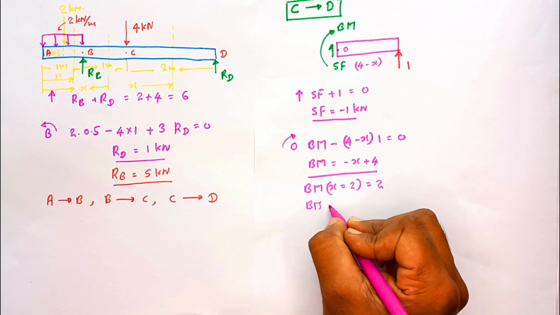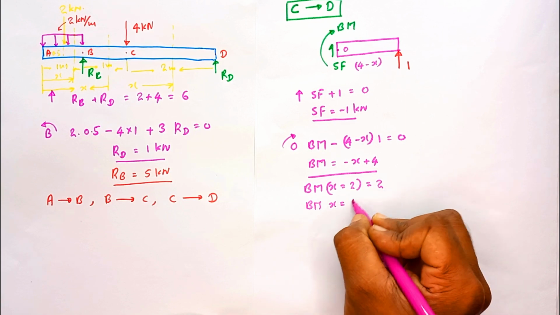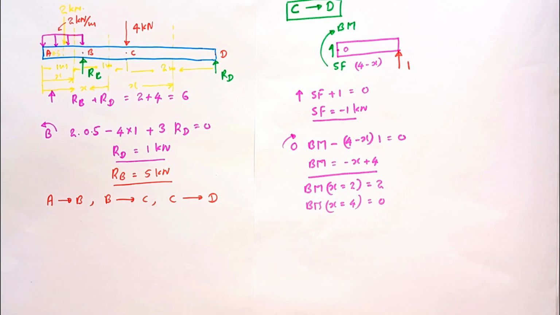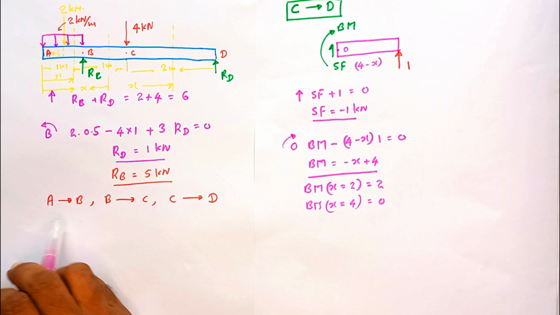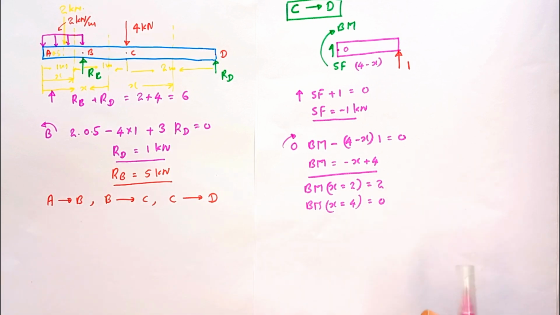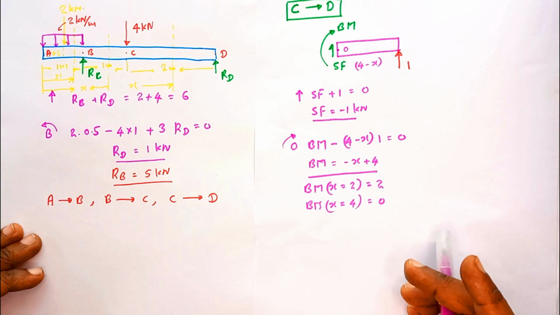The bending moment at x equal to 4, value is equal to 0. Now we have obtained all the set of equations from A to B region, B to C region, and C to D region. Now we are ready to draw the shear force diagram and the bending moment diagram.